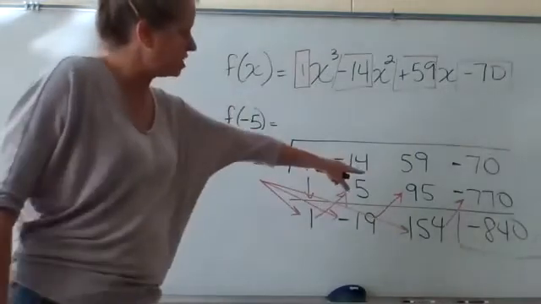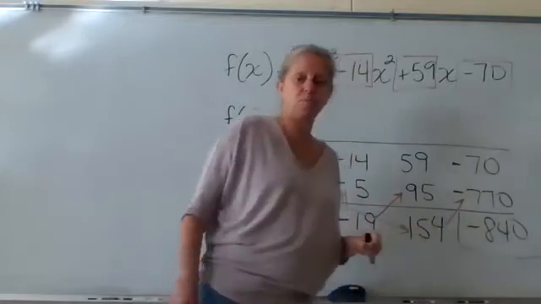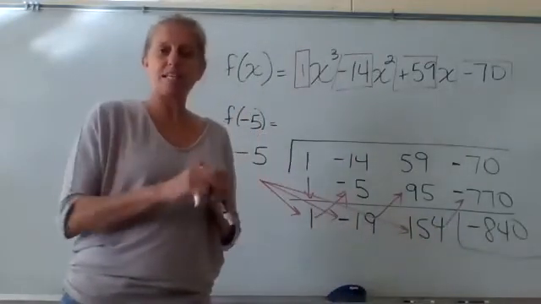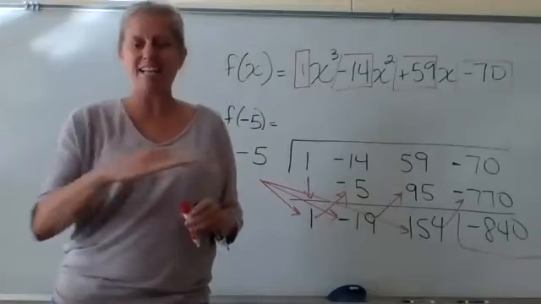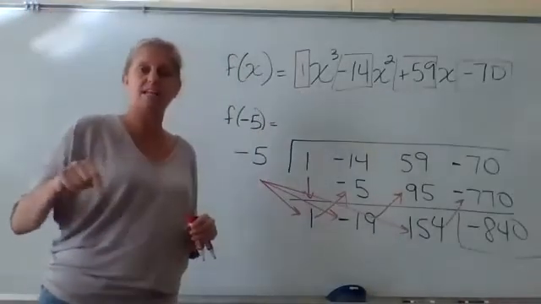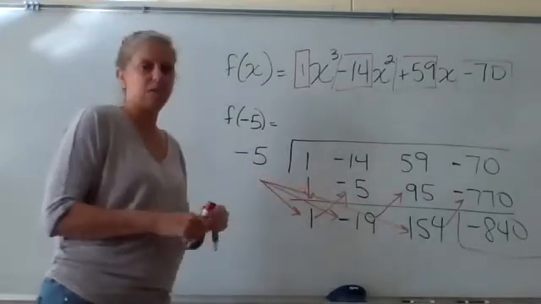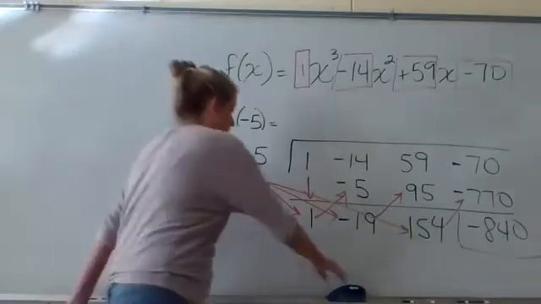So if that ends up being 0, like it did on the first part of the problem, your y would be 0. That's what tells you that it's an x-intercept, right? What makes you an x-intercept is if your y is 0, okay? So f of negative 5 gives me negative 840.